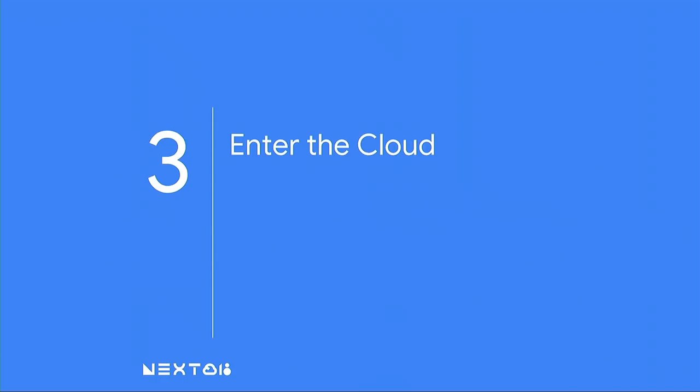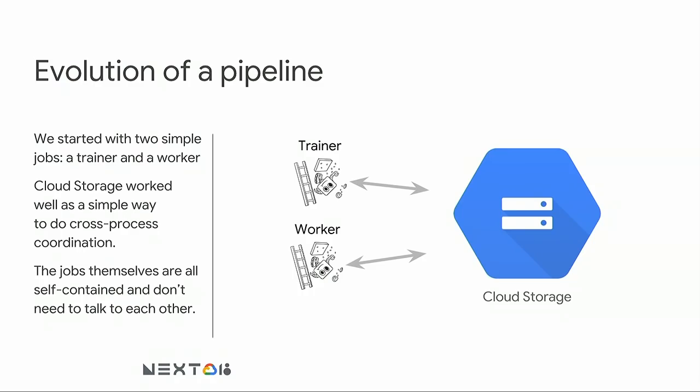And so that brings us to the part of the talk that I think we're all here for, which is using this on Google Cloud. So we used Kubernetes to do this, but we started by making the smallest possible units of work that we could. So our training job was pretty straightforward, and we made our worker job use cloud storage as a way to sort of coordinate what we needed to do. This worked really well.